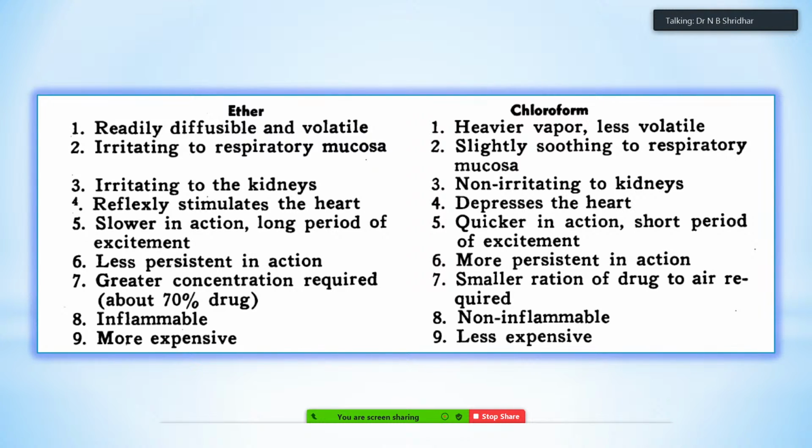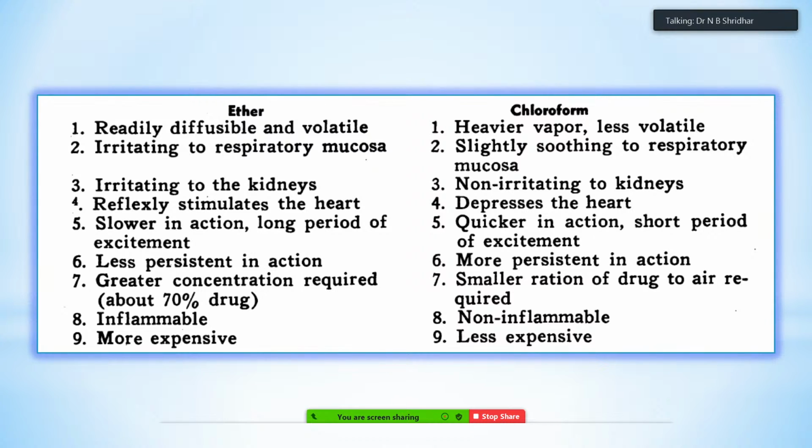Ether is slower in action, with a long period of excitement, whereas chloroform is quicker in action, with a short period of excitement. Ether is less persistent in action and chloroform is more persistent in action. A greater concentration is required, especially of ether, about 70% of the drug, whereas a smaller ratio of drug to air is required for chloroform.